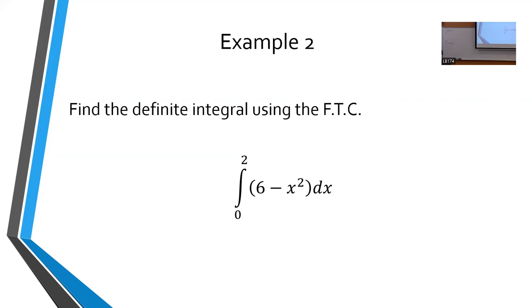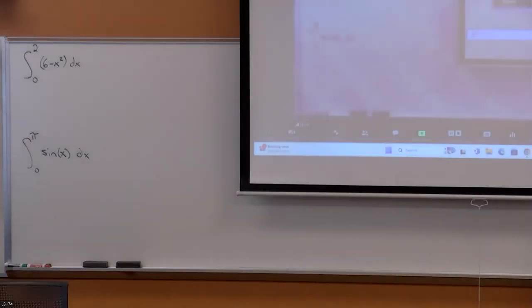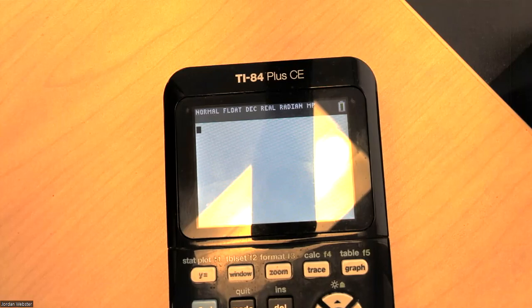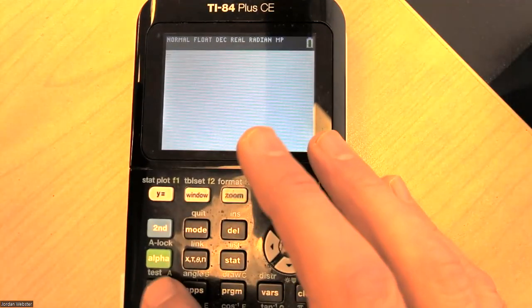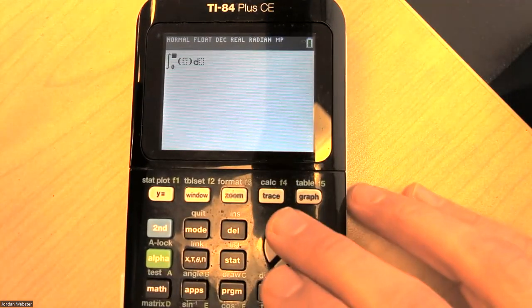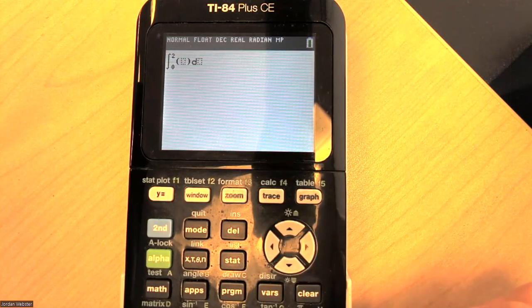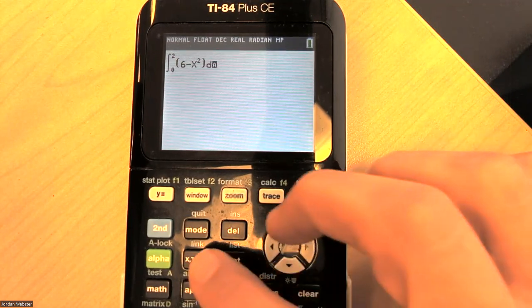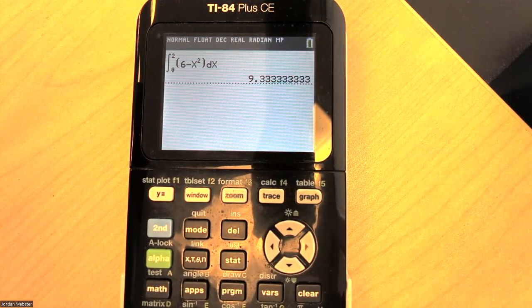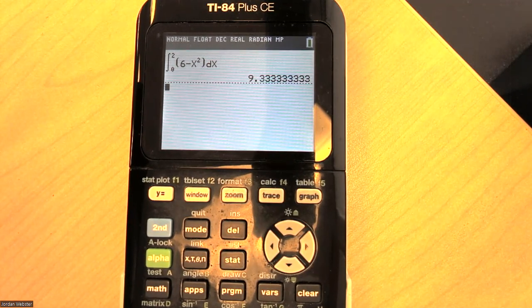All right, for this one, integrating from 0 to 2, 6 minus x squared, with respect to x, gives you 9.33, roughly, or 9 1/3.